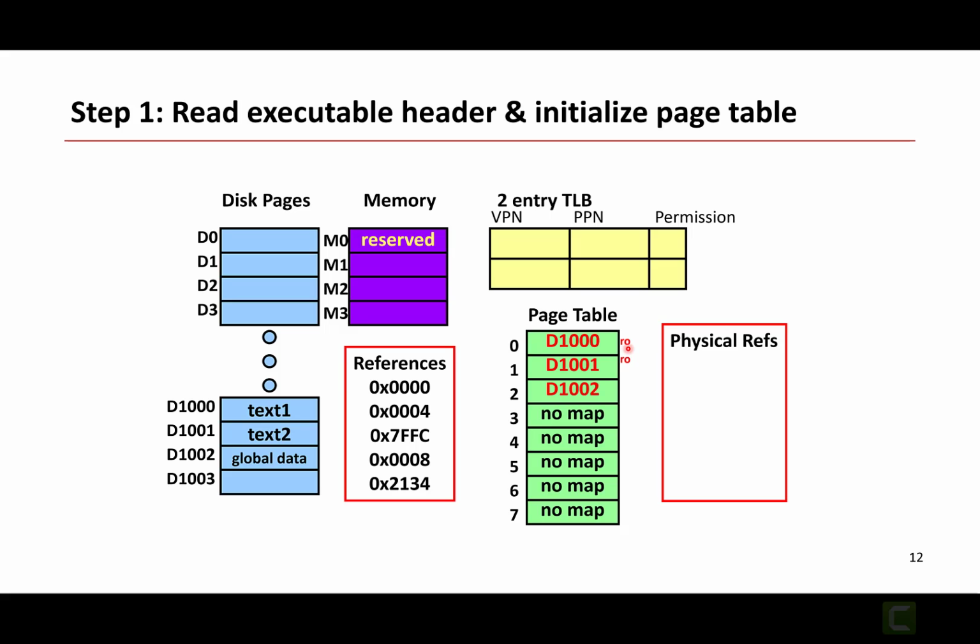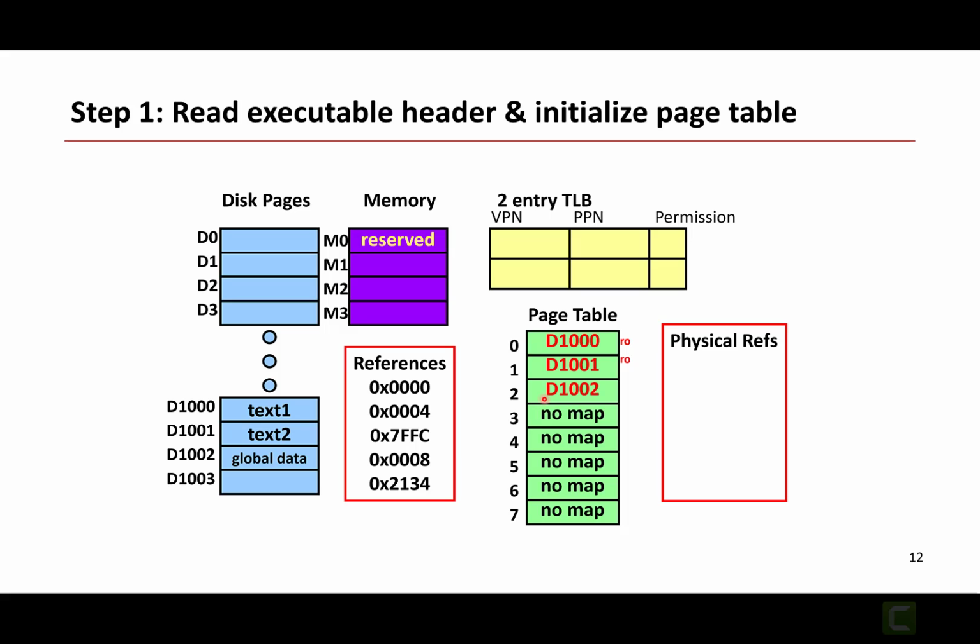This could be different for self-modifying code, but for now, this program doesn't change instructions, and therefore for extra protection, we have marked it as read only. The second page, virtual page number 1, is also a text segment. Again, it is stored on the disk. A pointer to it is stored in the page table.